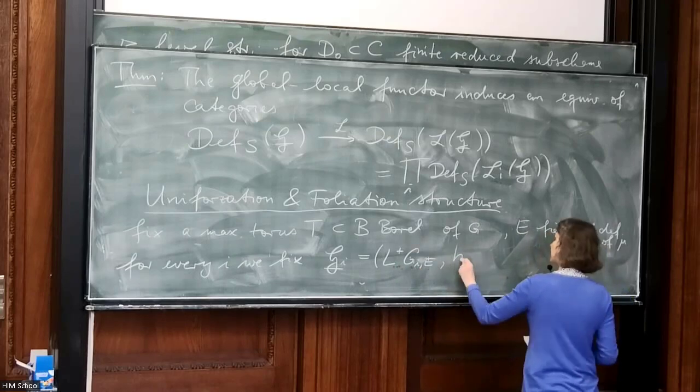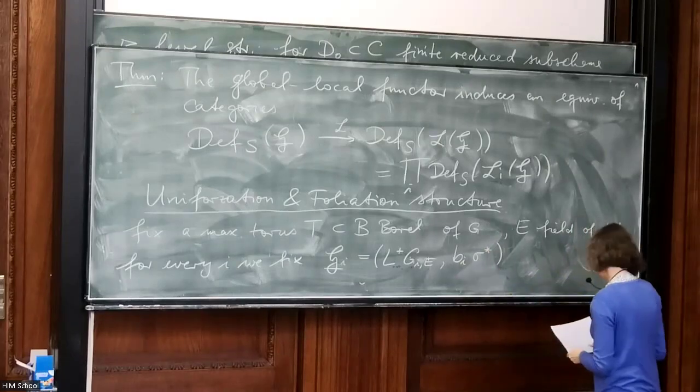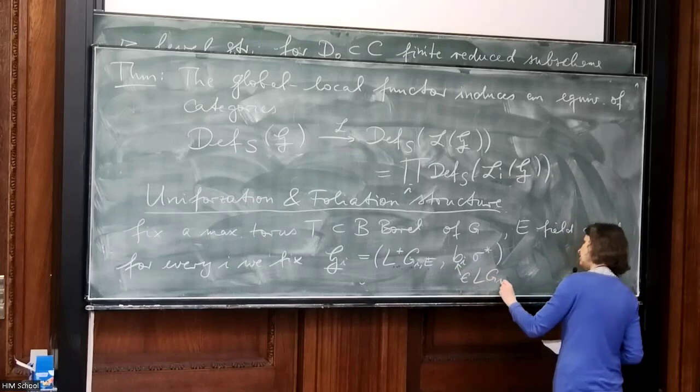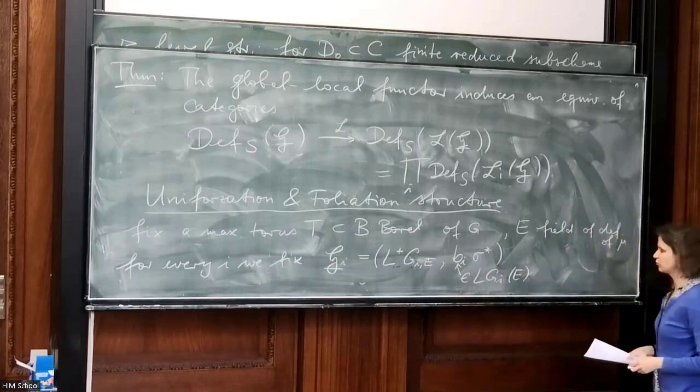And the Frobenius can then be written as given by an element b_i in LG_i of E times Frobenius.